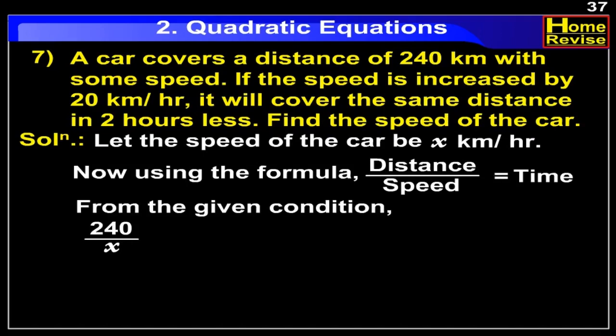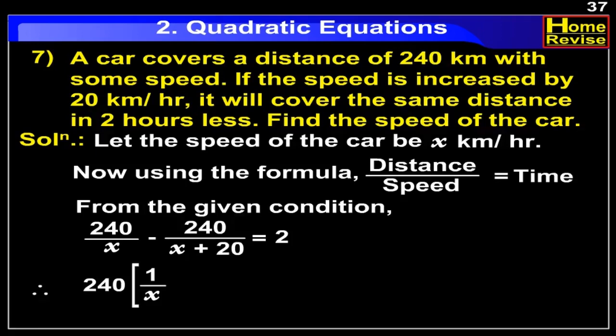240 upon x minus 240 upon x plus 20 is equal to 2. Taking out 240 common, we have 240 in square bracket 1 upon x minus 1 upon x plus 20 is equal to 2.